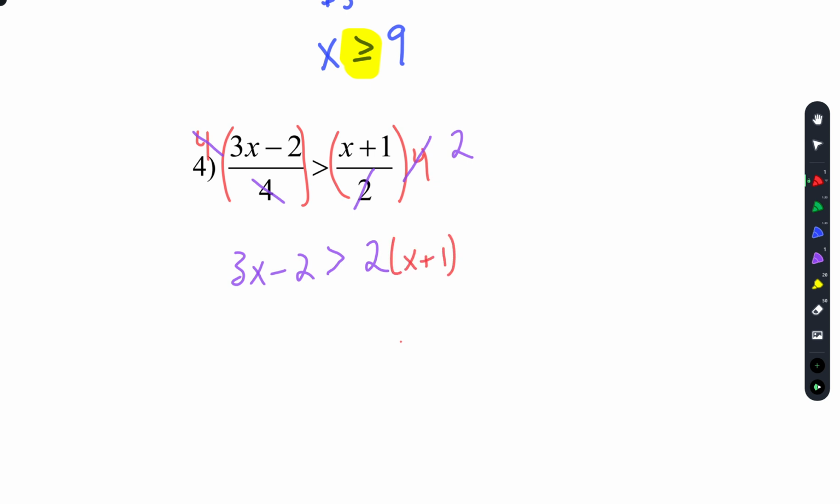Now it's more like a normal problem with the solving. You're going to distribute and do the whole shebang. So you're going to get 3x minus 2, distribute, 2x plus 2. And then that's when we start to move things around. So I'm going to move over 2x.